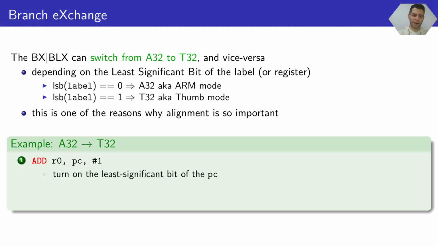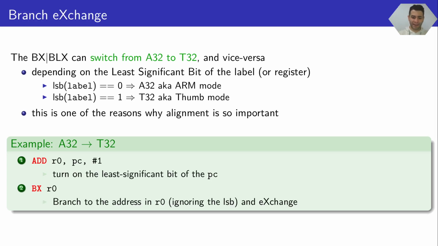And then we say, branch to R0. So we are literally saying go to the next instruction, but then switch to Thumb mode. The branch instruction is always ignoring the LSB. This is the reason why alignment is important, because the LSB is always discarded and all the instructions must always be aligned modulo 2 or modulo 4 if you are in Thumb or in ARM.